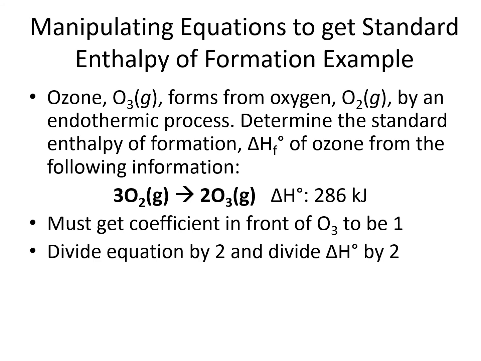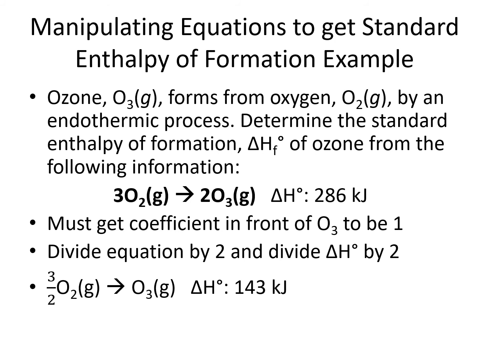What we're going to do is divide our equation by 2. So each of the coefficients in the equation get divided by 2. So 3 divided by 2 gives us 3/2, and 2 divided by 2 gives us 1. So we end up with a coefficient of 3/2 in front of the O2 molecule and a coefficient of 1 in front of the ozone.